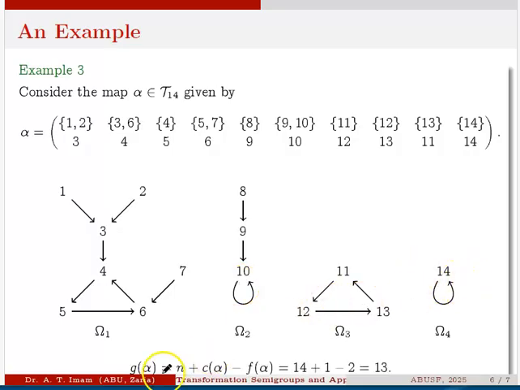So the gravity of this particular mapping will be n plus cycles minus the fix of alpha, but then n is 14, and then only one cycle is involved here. You have two fixed points, so minus 2, and that gives a gravity of 13. So this gravity function will play a role in decomposing a particular alpha as a product of idempotents of defect 1. So this is the end of this lecture.